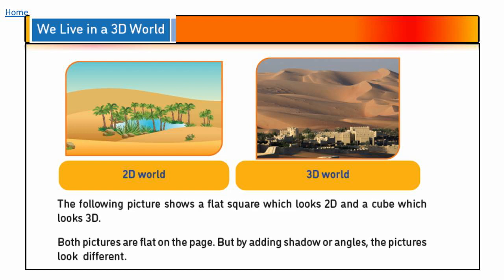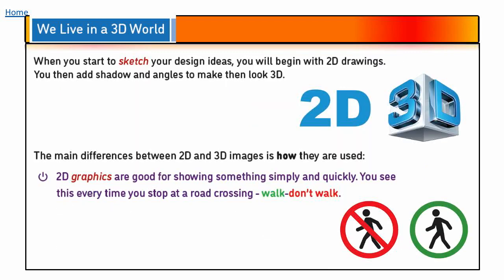You can see a different angle to this 3D image compared to the one on the left, which is a 2D, a very simple drawing. Whenever you start sketching or designing anything, you always start your drawings using a 2D design. Moving from the 2D, you add extra details to create your 3D design.